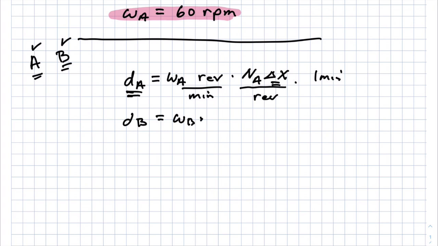If I have omega B revolutions per minute, and I wanted to know the distance traveled, it would be NB delta x. Remember, delta x is the same. The only difference between the gears is the number of teeth. Then I multiply it by 1 minute, and the minutes would cancel.